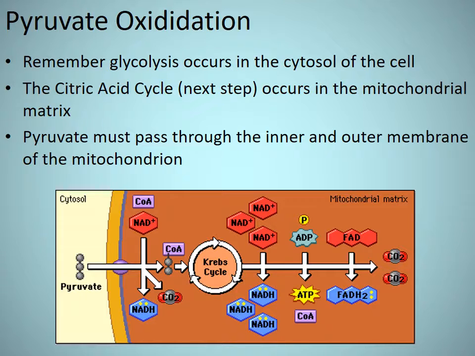Essentially, pyruvate oxidation is the removal of a carbon group and the addition of a coenzyme A. This step is just preparing pyruvate for the Krebs cycle.